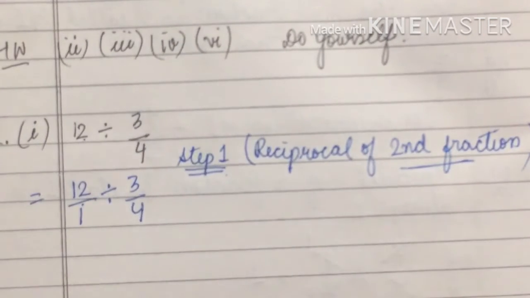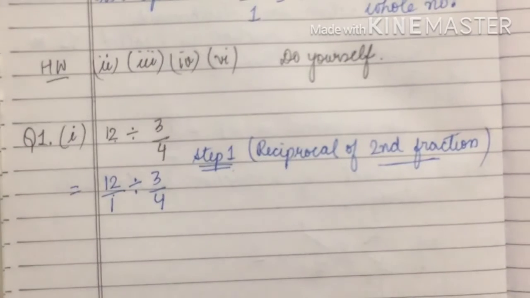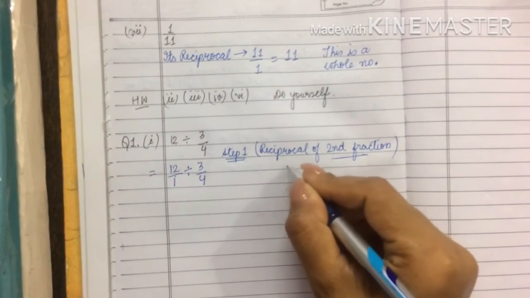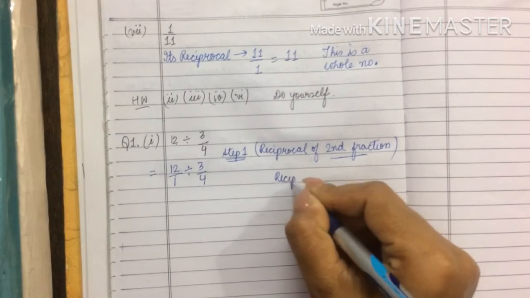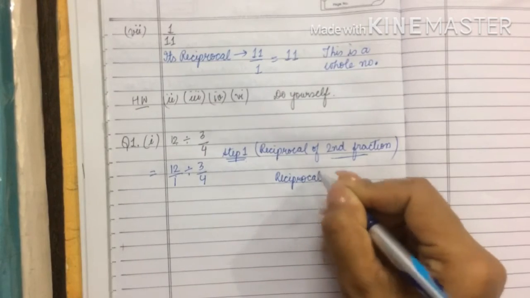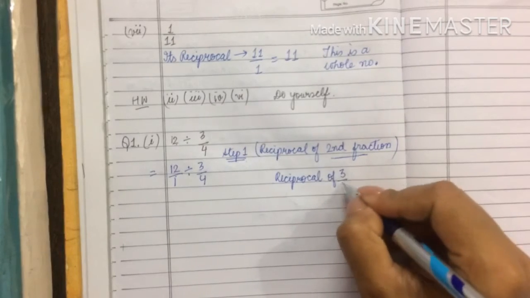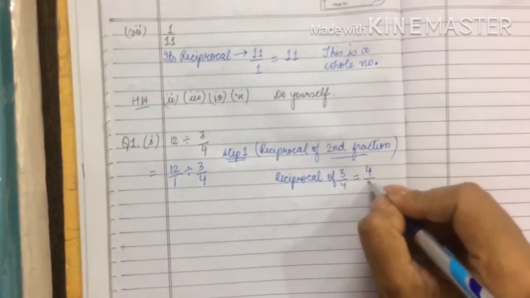I'm going to write down its reciprocal. Reciprocal is a very large word, so I'll be using MI, capital MI. So the reciprocal of 3 by 4 is 4 by 3.